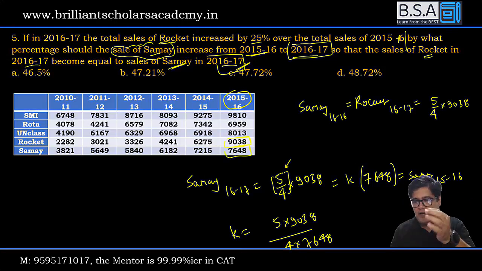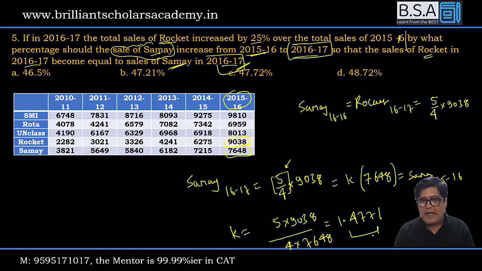Don't do anything. Now you press divide. स्क्रीन पे रहने दो. Divide by 4. अब उसको भी you again divide, equal दबाने के बाद you again divide by 7648. What we are getting here is 1.4771. What is the growth?